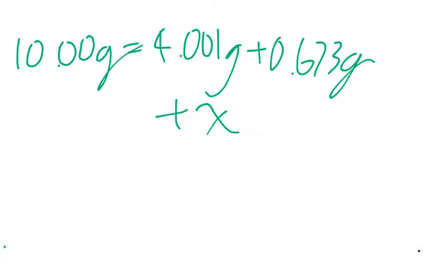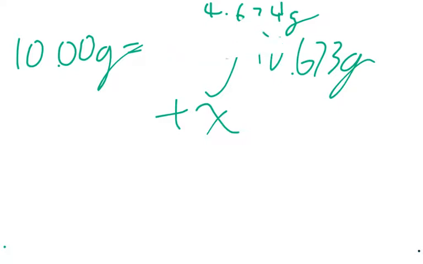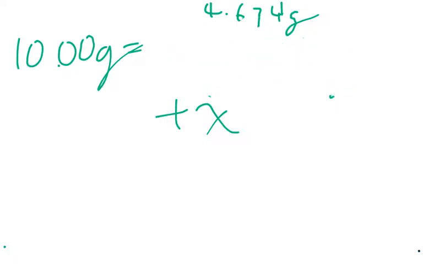So let's do the math. So 4.001 plus 0.673 is 4.674 grams. And notice how there are 3 decimal places, and we're keeping true to that in our calculation. So let's just erase this and leave the 4.674 behind.